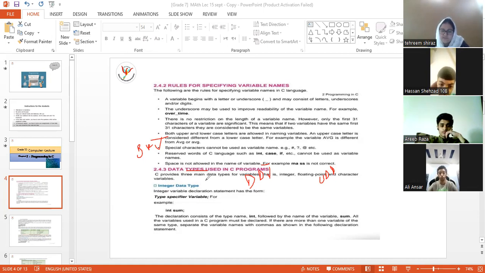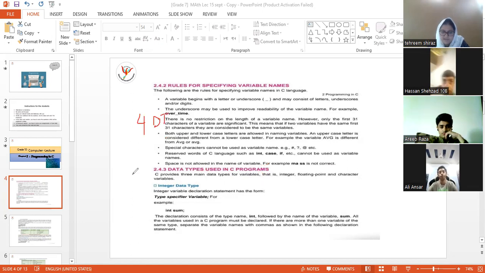Our main focus in this chapter is on the basic data types. There are four basic data types.